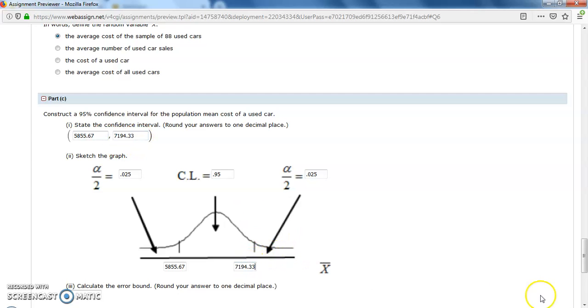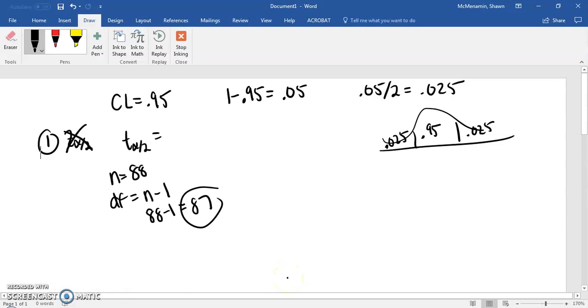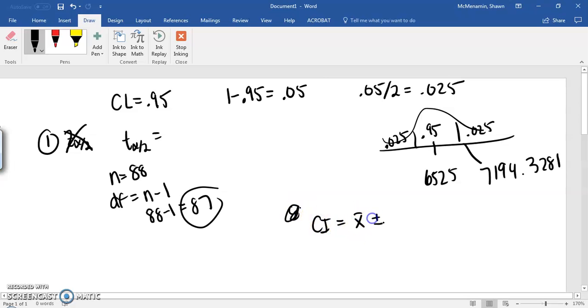Okay, and now to find the error bound, what you plus and minus. This is our last question. So to find the error bound, we know that the middle part of the data is our sample mean, which is 65.25, and the upper bound is 7194.3281. To find your confidence interval, it was X bar plus or minus your error bound for the mean.